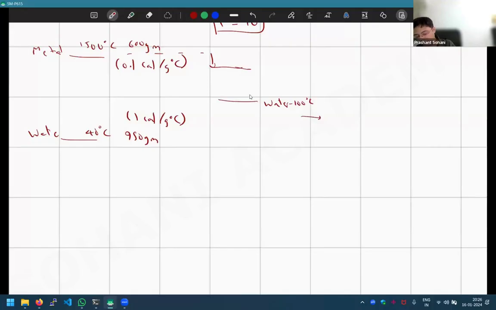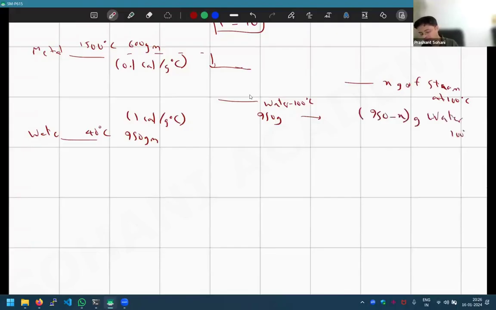Afterwards, after some time, what will happen is that initially there was 950 grams of water, but after the conversion starts, let us say there is X grams of steam at 100 degrees. When the water becomes steam, the temperature does not rise. So X grams is steam and the remaining 950 minus X grams is still water, right?